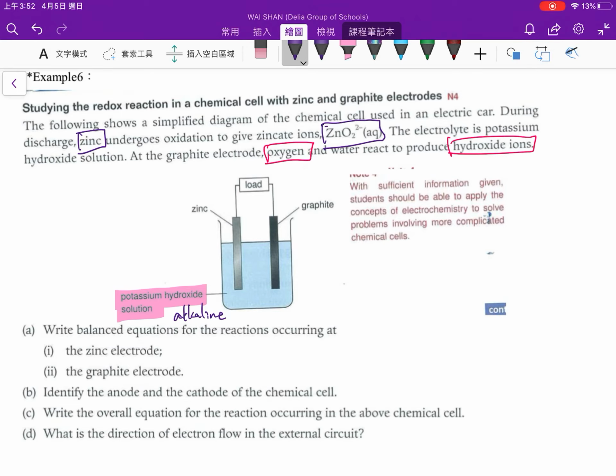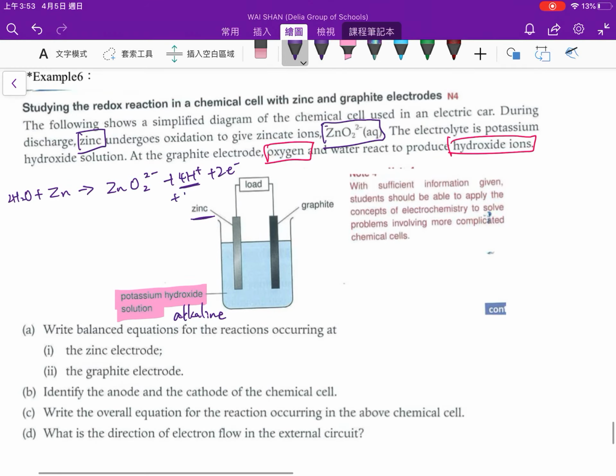Okay, so for the equations that you have done, you have to turn them to alkaline condition. For example, first one, zinc will turn to zinc ion. According to what we have learned, the 3 steps, remember, add water, and then add hydrogen ion, and at last add electron. But it's alkaline condition, so please turn it to alkaline condition.